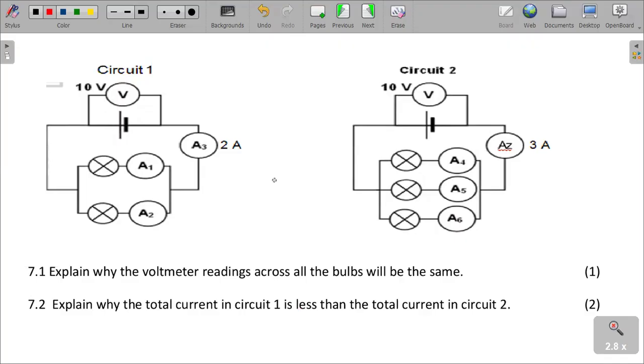What we need to understand is that the bulbs are connected in parallel and are not potential dividers. That is one key thing, plus the batteries have the same potential difference.